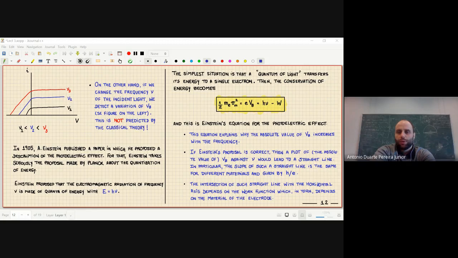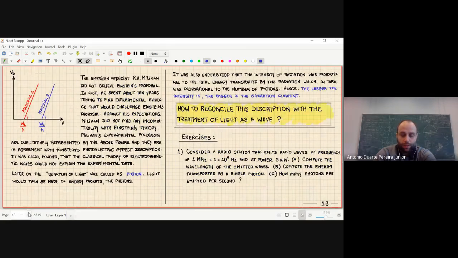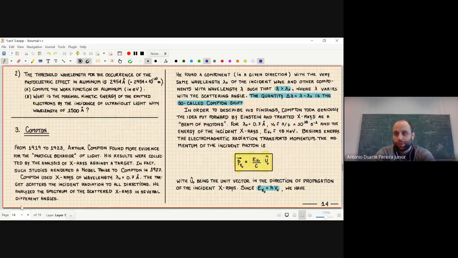Okay, so I will continue with the material, and I will provide some exercise sheet for you to work on, and these will have exercises on the photoelectric effect. And I hope that you're going to understand all these details at the practical level.